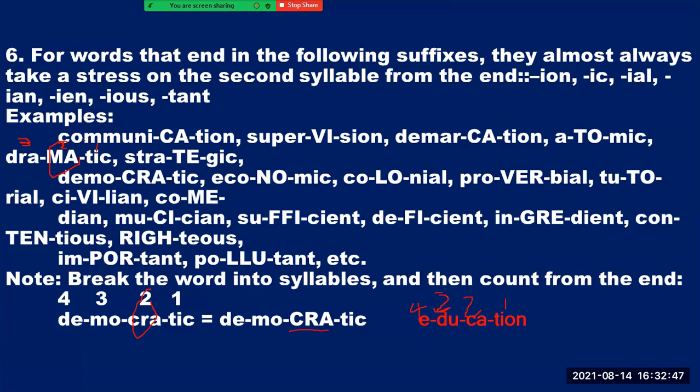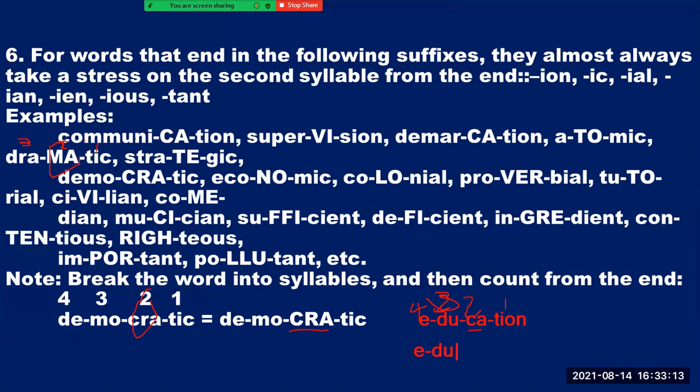This is actually 3. So please, let's take note of this. 1, 2, 3, 4. And so the rule states that we count from the end, 1, 2, and so we place stress here. And because stress is indicated with the capital letter, then what we will have is edu.